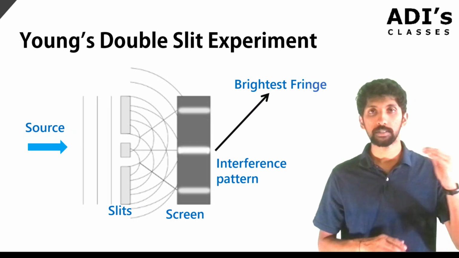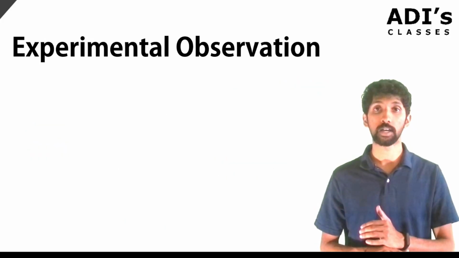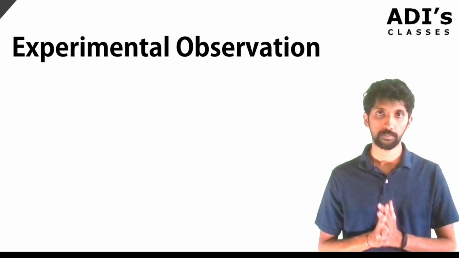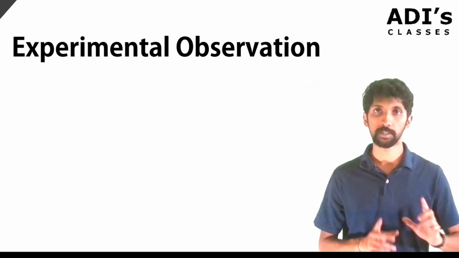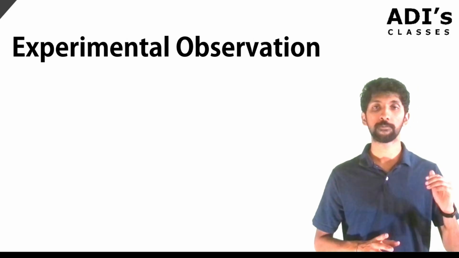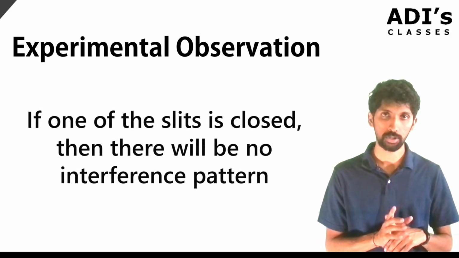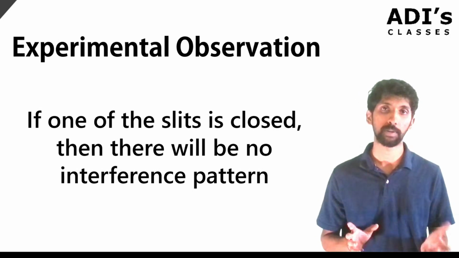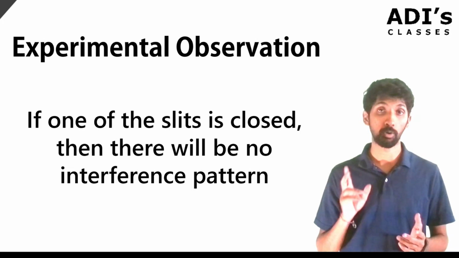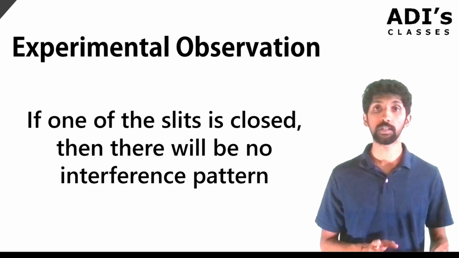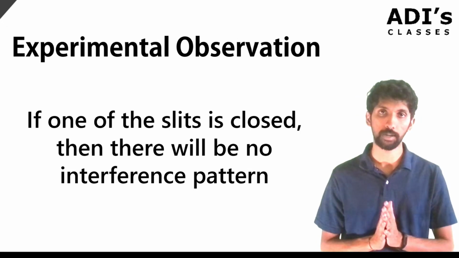Now certain experimental observations are very important here. The first experimental observation was, if one of the slits was closed, then there was no interference pattern. Only if both the slits were open did interference come.